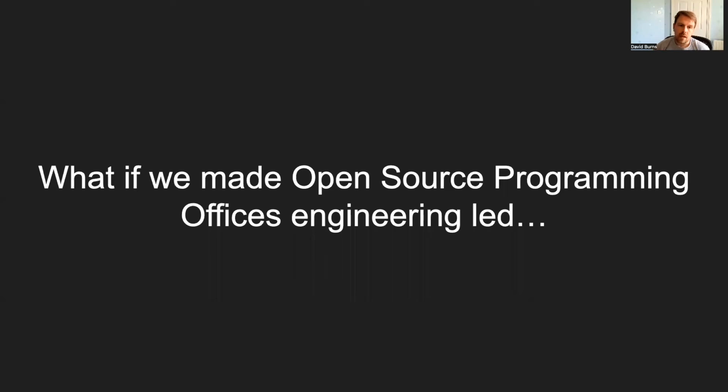So the question that popped into my head, and it's stayed there, and it's how I've structured it, is what if we made the open source program office a programming office, and we made them engineering led?